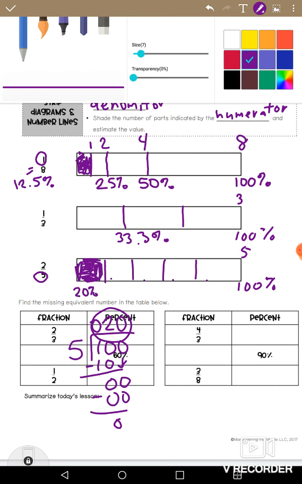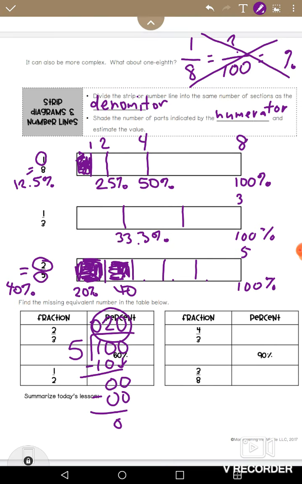But how many parts do we have? We have 2 parts. So if one part is 20, how much is 2 parts? Good. 20 plus 20 is 40. So 2/5 is equal to 40%.